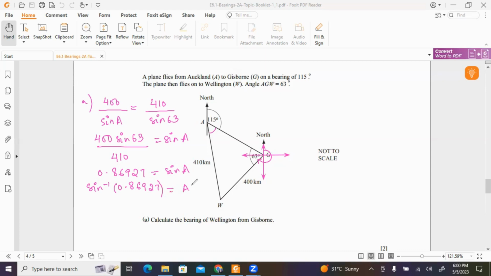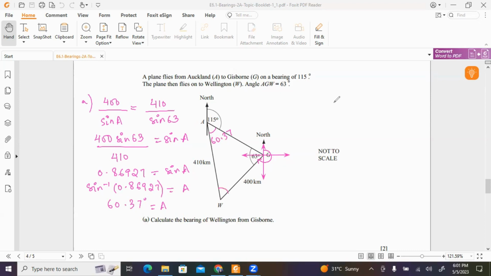So sine inverse of 0.86927 gives us 60.37 degrees. So this value over here is 60.37, and you can find the third angle.